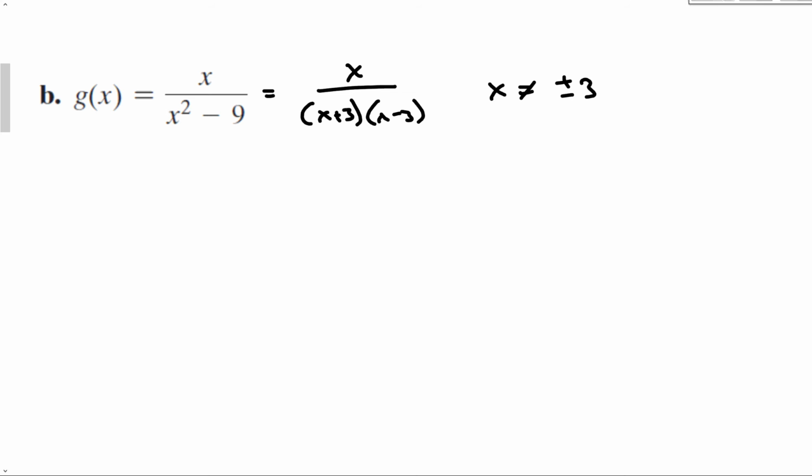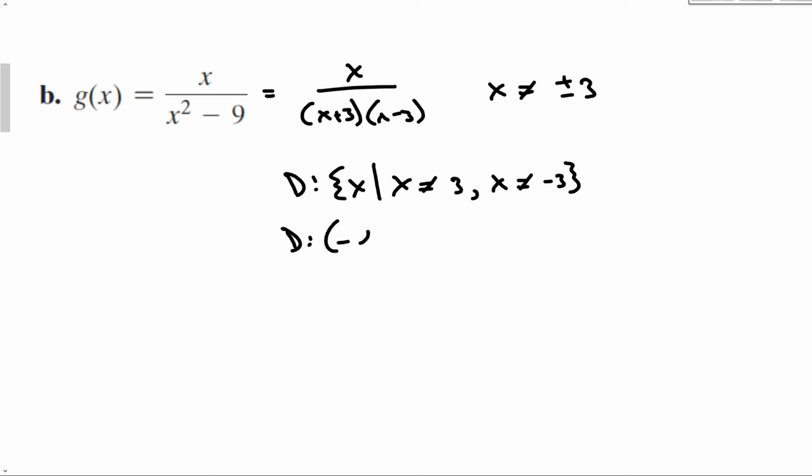So the way I write that in set builder notation, we have a variable x such that x is not equal to 3 and x is not equal to negative 3. Or with interval notation, I go from negative infinity to negative 3.